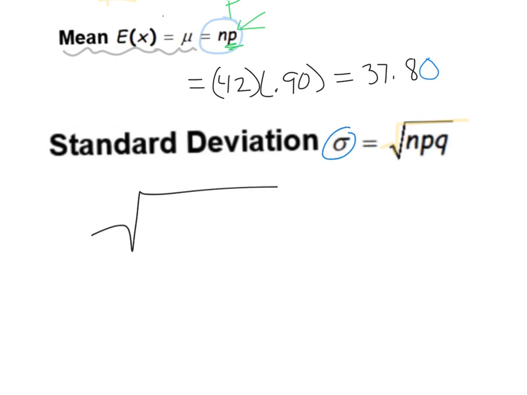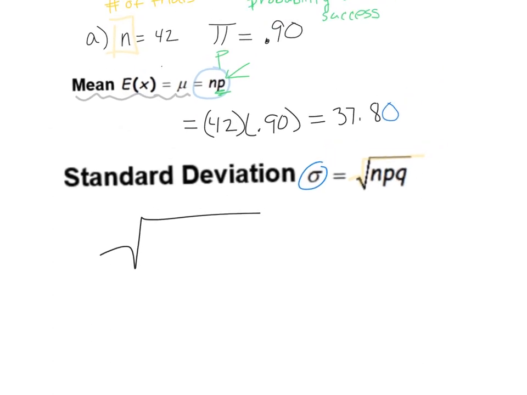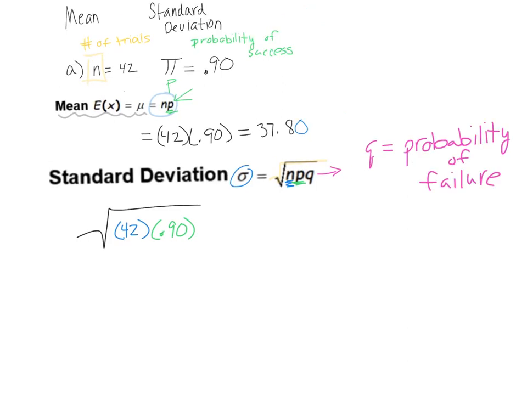We've already established that n is your number of trials, and that is the 42 that was given to you in the problem. P was your probability of success, which is 0.90. And q is a new variable that I haven't told you what that means yet. q simply means probability of failure.